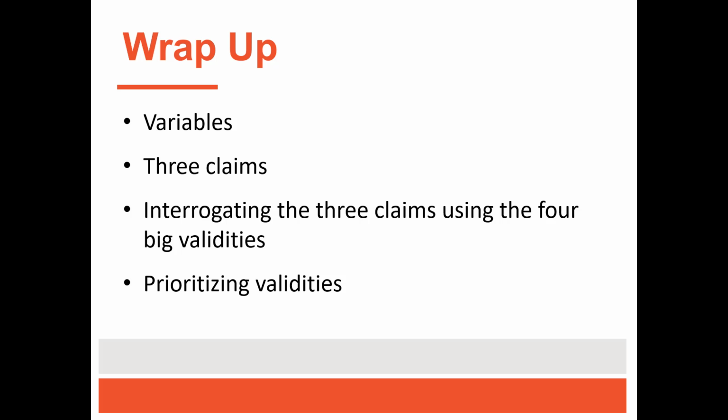We also talked about the four big validities: construct, external, statistical, and internal validity, and how they can be used to interrogate and question different claims. Finally, we talked about how we should go about prioritizing the different validities based on the needs and design of each individual study.